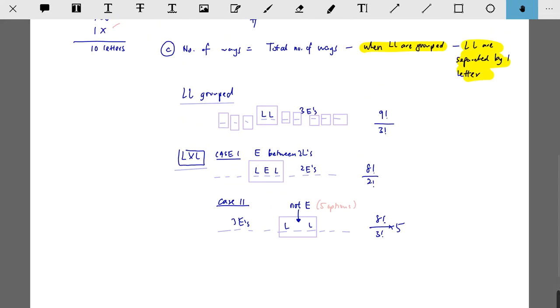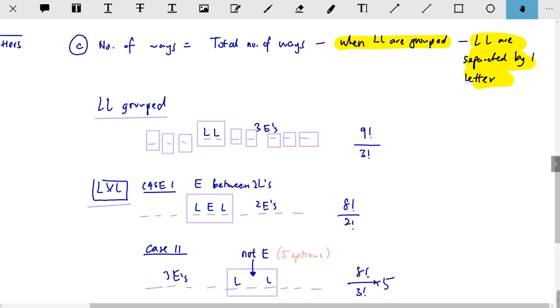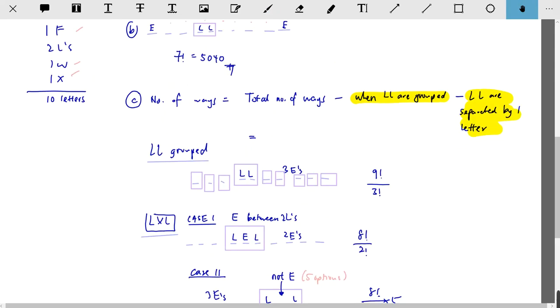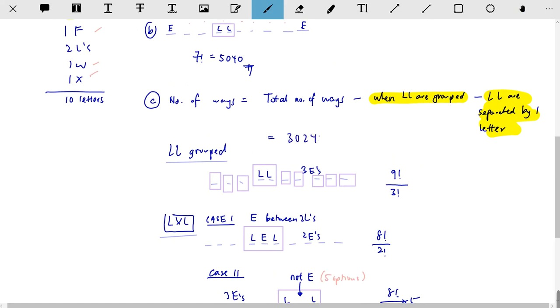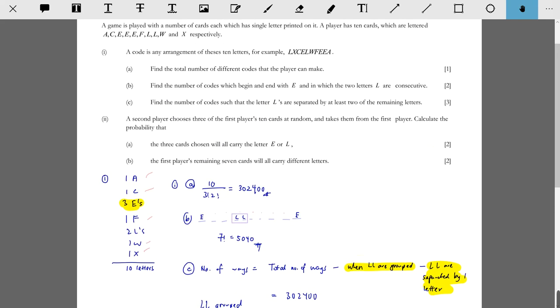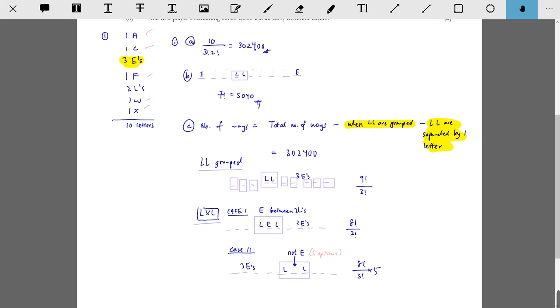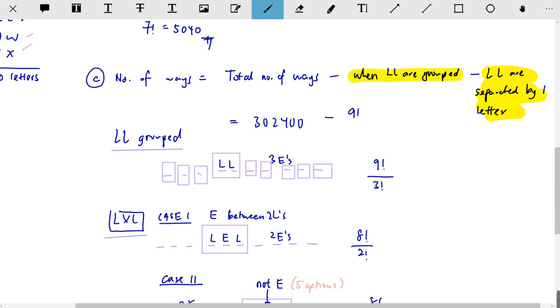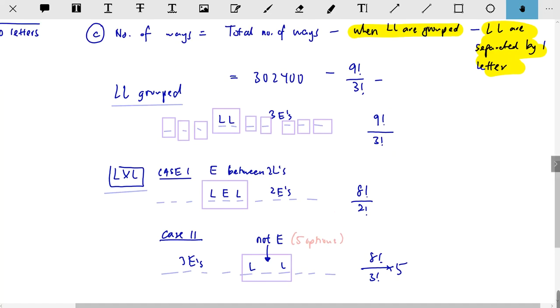So basically you just take the total number of ways. I'm just going to write it here. It's just 302400, which is the non-restricted ways, minus when L's are grouped together, which is 9 factorial over 3 factorial, and minus 8 factorial over 2 factorial, minus 8 factorial over 3 factorial times 5.